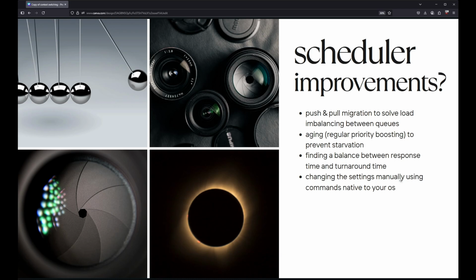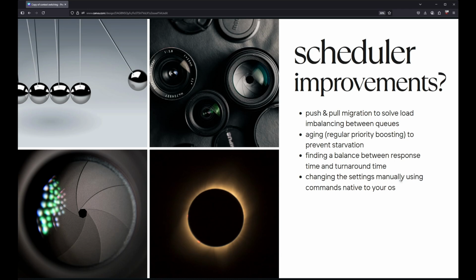But changing these time slices can have a big effect on how your scheduler works. Larger time slices mean processes are able to run on the CPU for longer, so the turnaround time will decrease. It will be better in that sense.